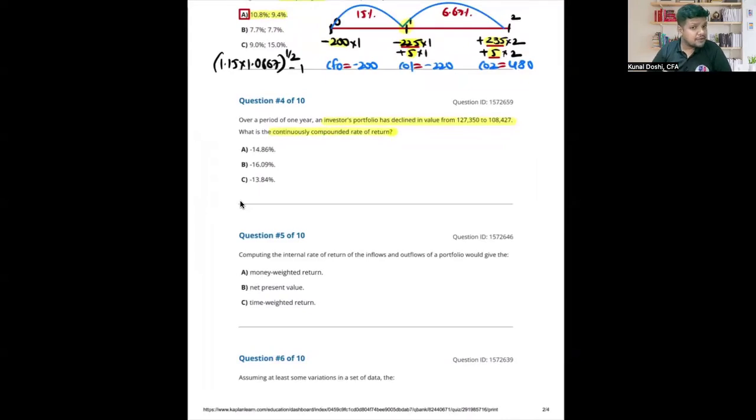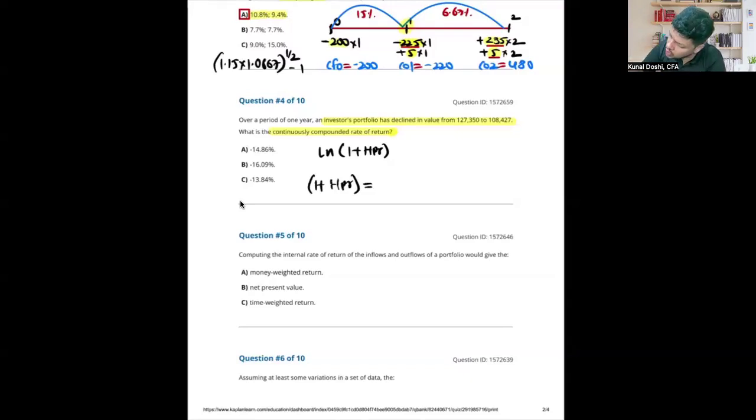Now, remember the formula for continuously compounded rate of return was log natural of 1 plus HPR. Correct? But can you tell me what is HPR? Holding period return. Again, it's ending over beginning minus 1. But when I do 1 plus HPR, all you have to do is ending over beginning.